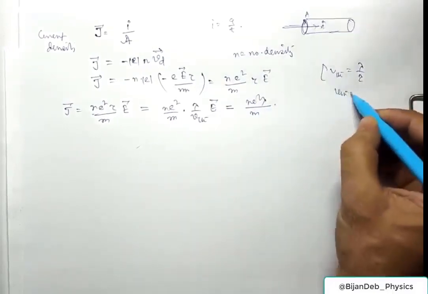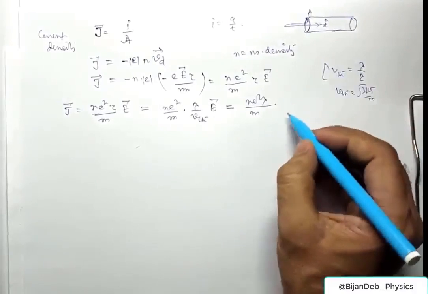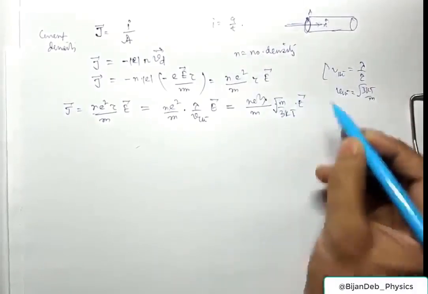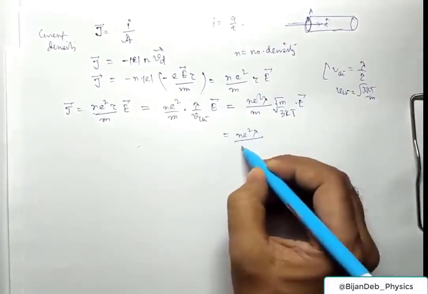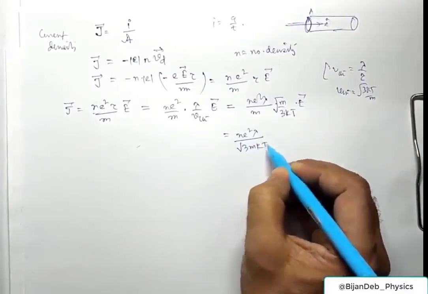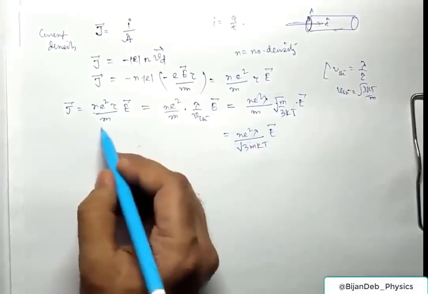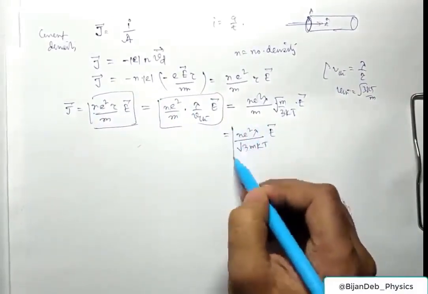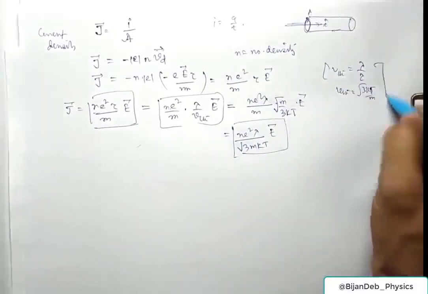Vth is root of 3kT by m. So here we put the reverse one, m by 3kT, so it will ultimately be n e square lambda by root 3 m kT, into E. This is one relation, this is another relation, this is another relation. All these are just simplifications, so you have to remember these formulas.